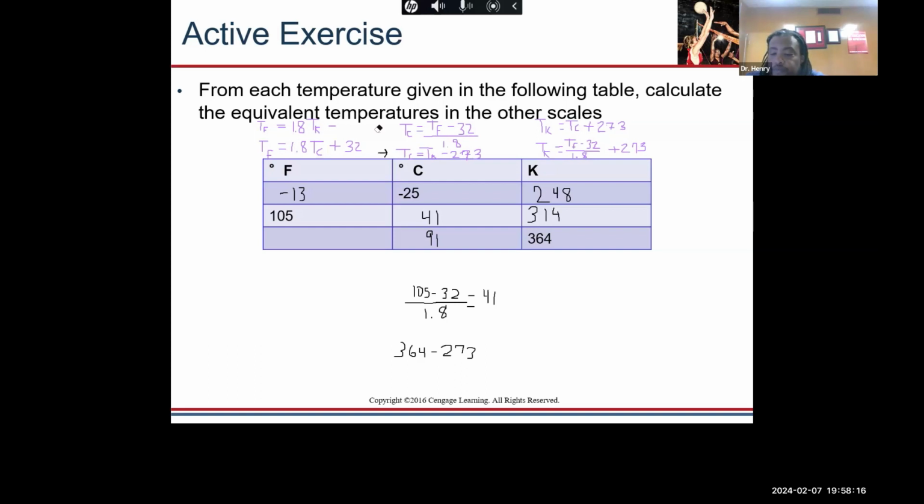It's 32. Sorry, this here should be 489.4.